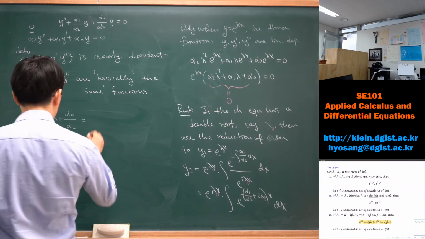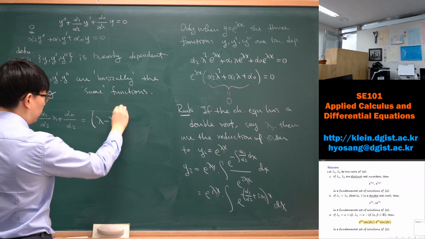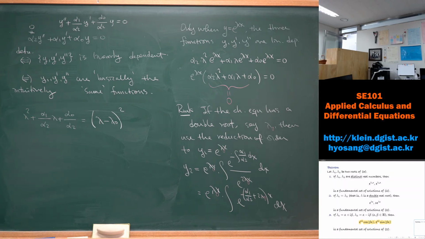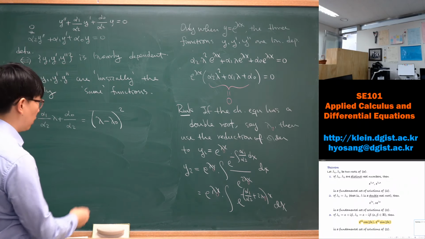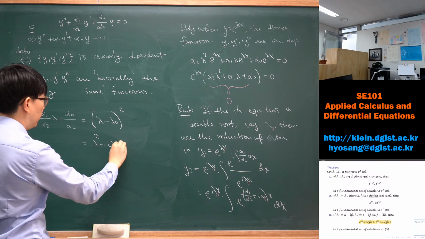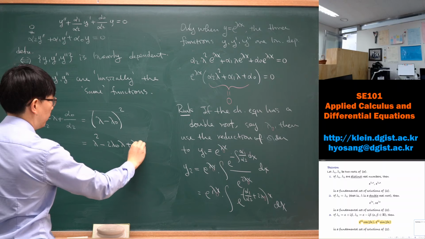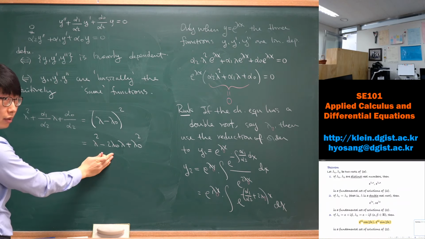So basically it says that this has a double root lambda 0, so it can be written in the perfect square form, lambda minus lambda 0 squared. If I rewrite this, it is lambda squared minus 2 lambda 0 lambda plus lambda 0 squared. So what it says is that these are identical equations.